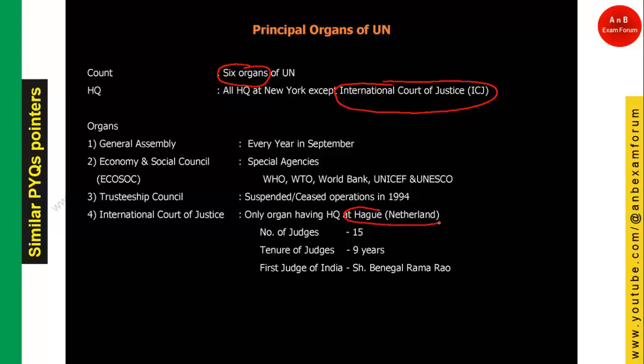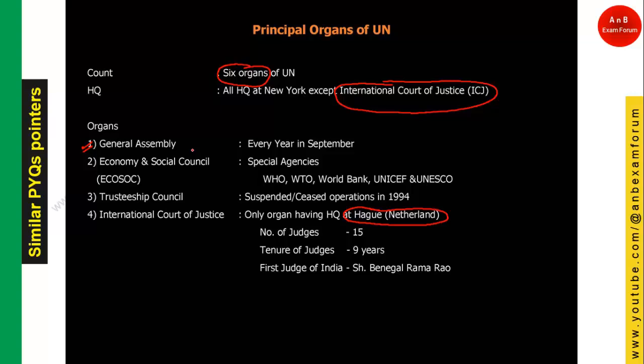So the International Court of Justice is the only principal organ having headquarters at Hague, Netherlands. Let's see the principal organs one by one. The first one is the General Assembly.